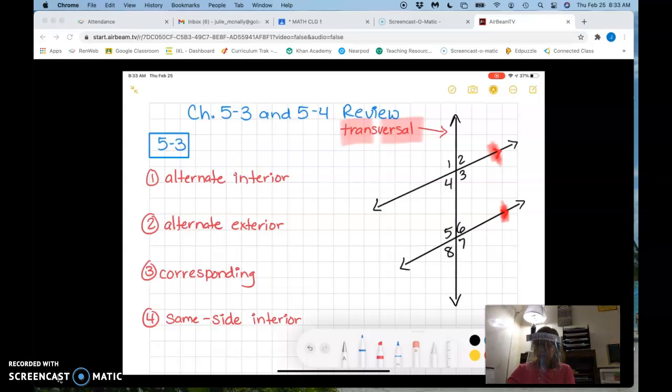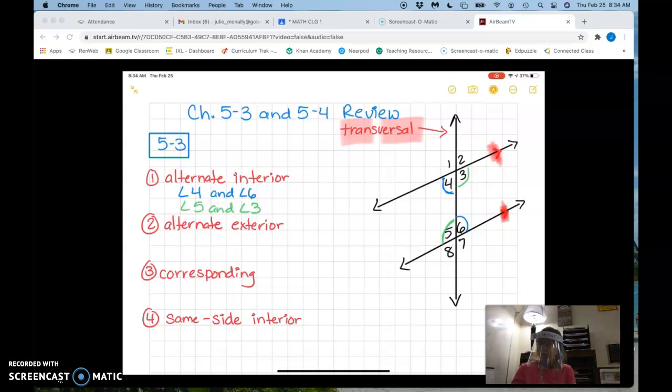Thank you. I did not hear you say 4 and 6, Bradley. All right, so write this down, and then what else is alternate interior? Yeah, 5 and 3. I'm going to do it in a different color just so we don't get confused. So 5 and 3.